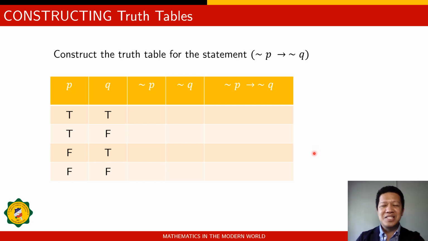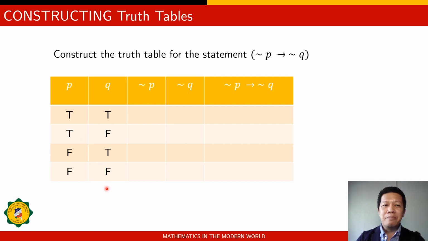Let's have another example on constructing a truth table. We have the given statement, not P implies not Q, or it can be read as, if not P, then not Q. Same as our first example, we need to write the possibilities of the truth values of the two statements P and Q. That will be true, true, true, false, false, true, and false, false.